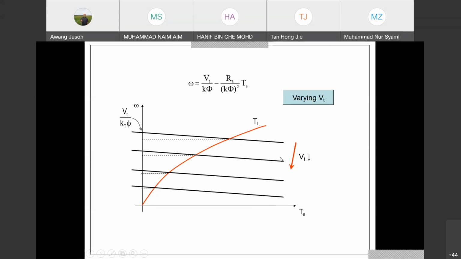We know that in order to control speed, just control the voltage. But the problem with this method is that we require a variable DC supply. We need a variable DC supply to change the terminal voltage. Because of that, it is expensive. This method is quite expensive compared to other methods.